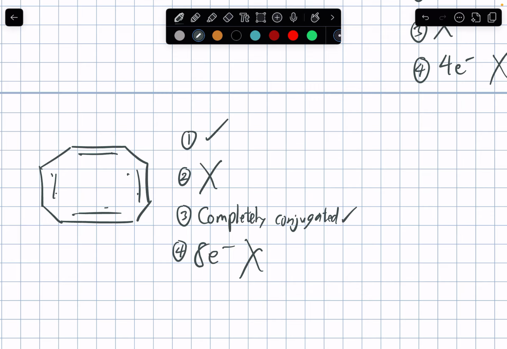I think that is the reason why this compound is completely conjugated. However, it is not fully planar.